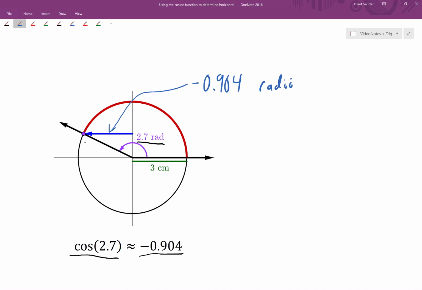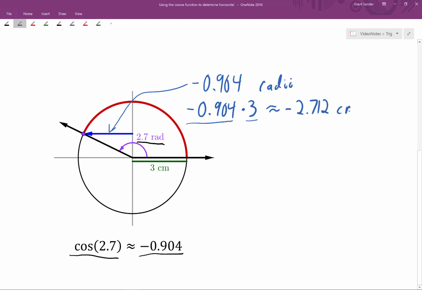So that terminal point is about negative 0.904 radius lengths to the right of the center of the circle, and each radius length is 3 centimeters long. So it's negative 0.904 of the 3 centimeter lengths, which is approximately equal to negative 2.712.